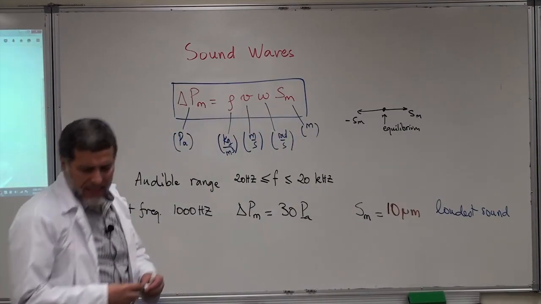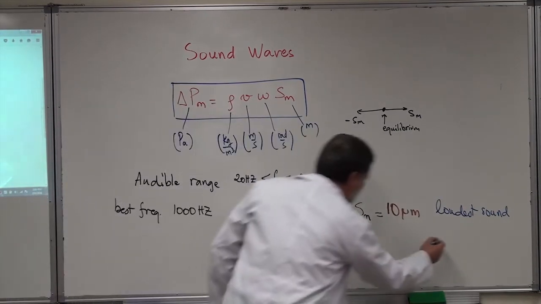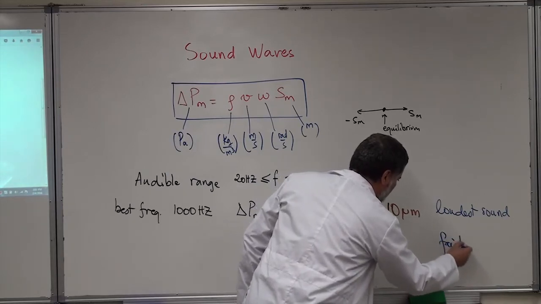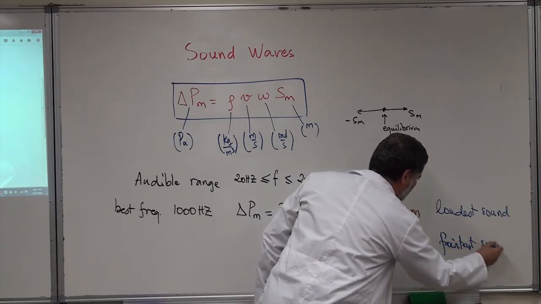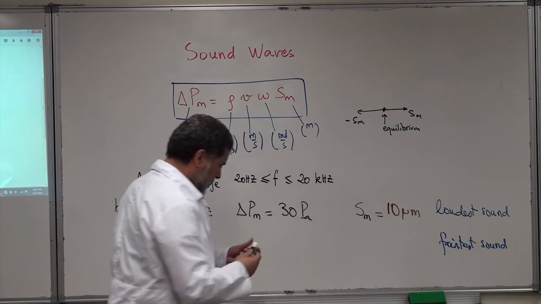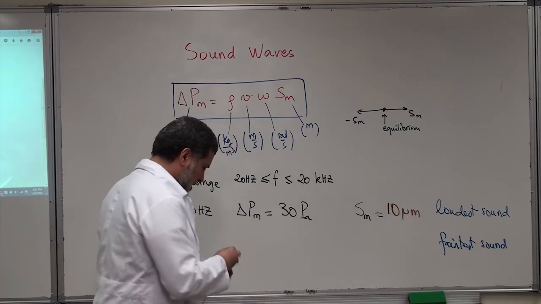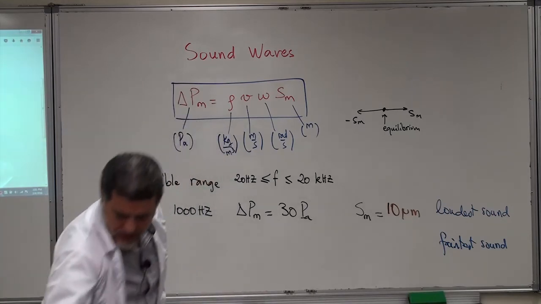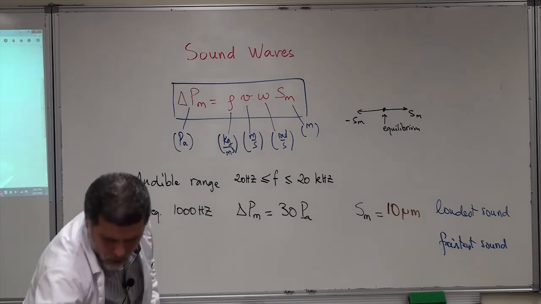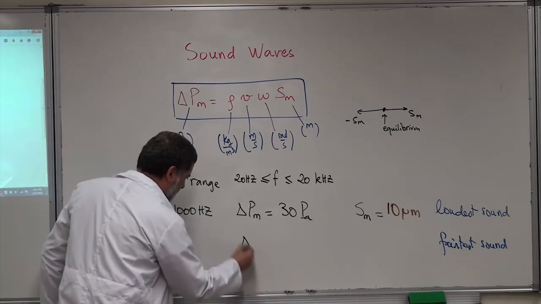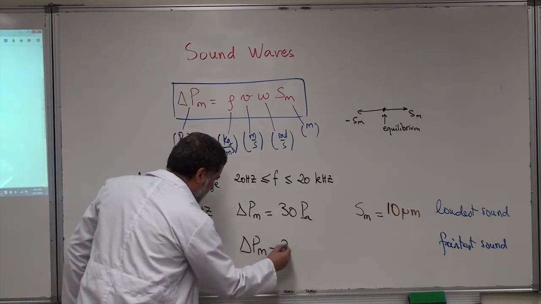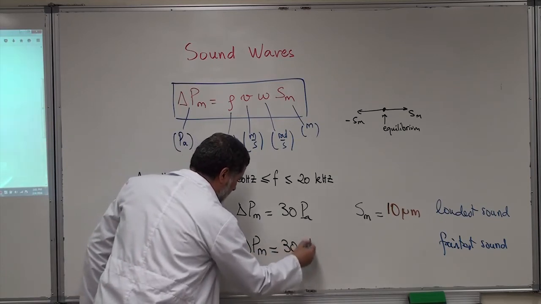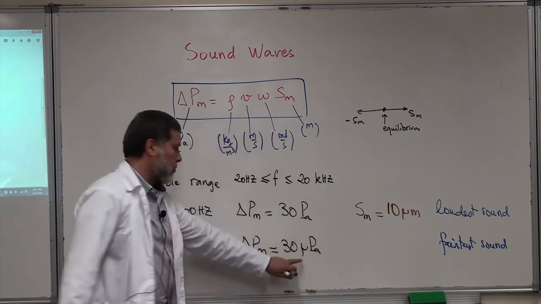And for the faintest sound for a human ear, the value of delta PM is about 30 micropascal. Micro is 10 to the power minus 6.